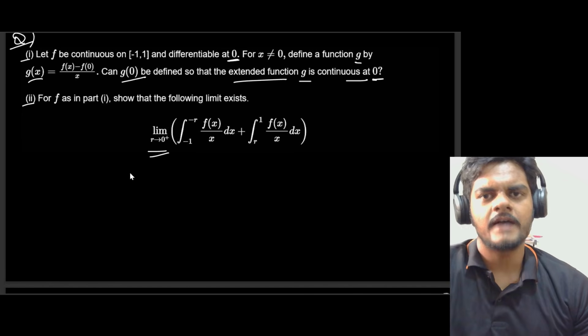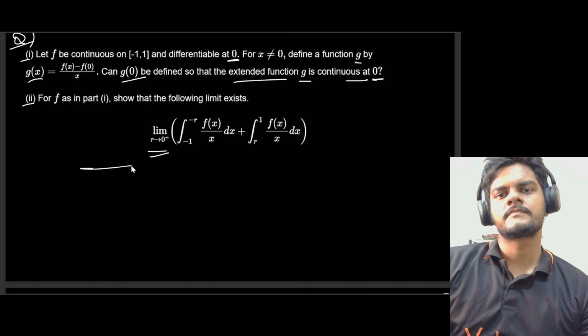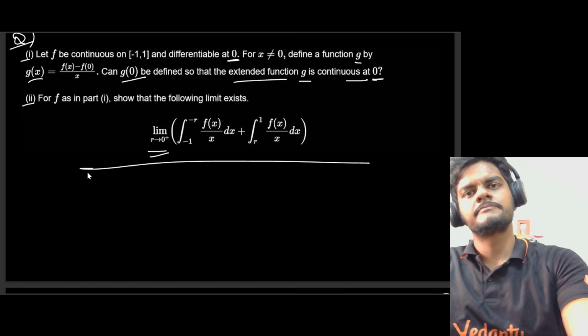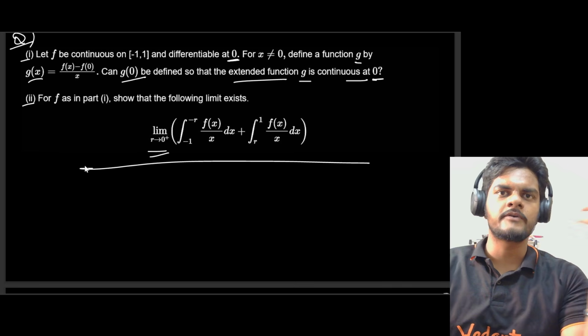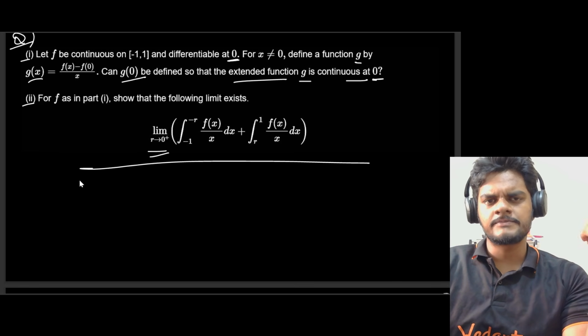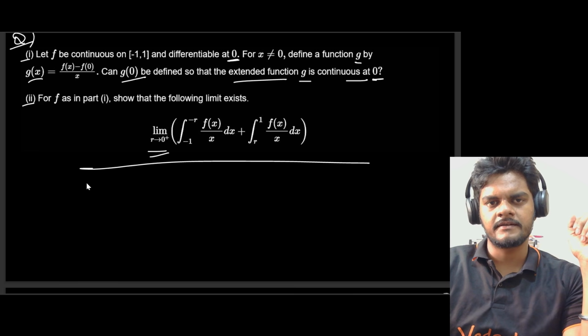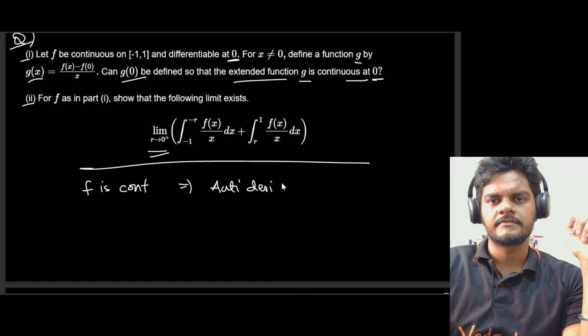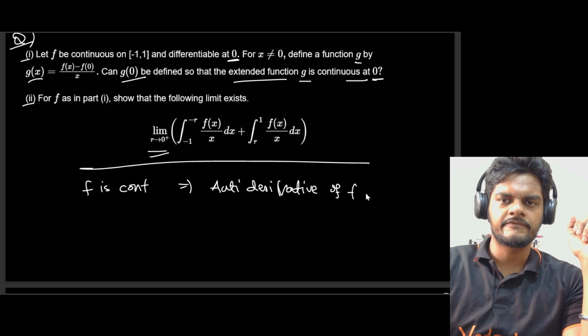Do you all know the fundamental theorem of calculus? I hope you understand that there are two parts, and one of the parts says that if f is continuous, it implies an anti-derivative of f exists.